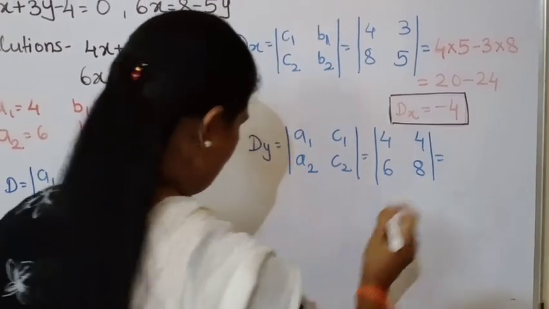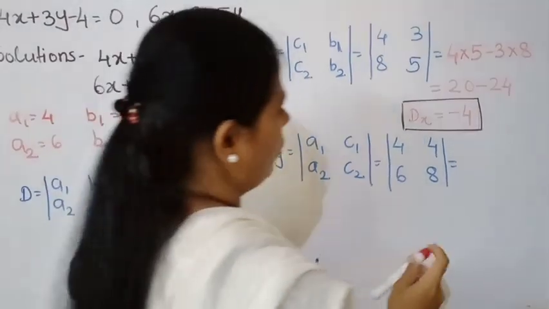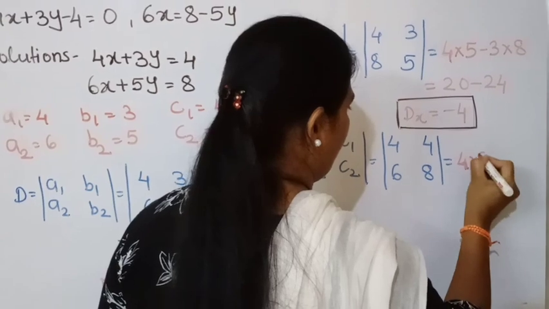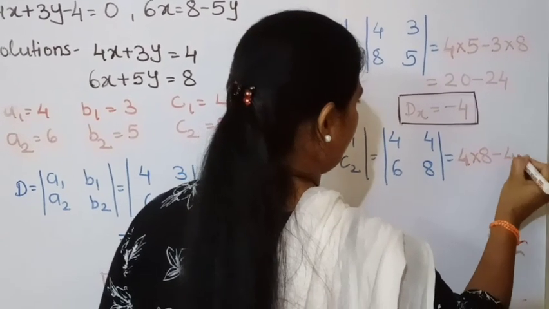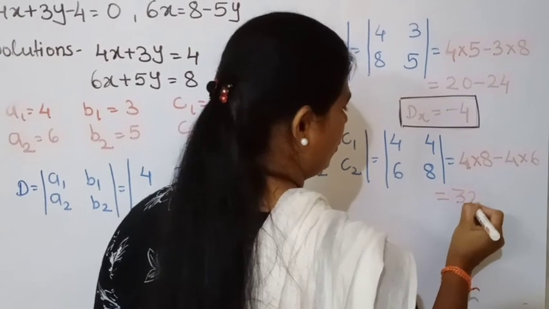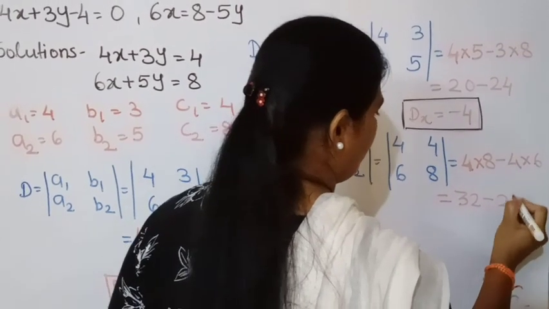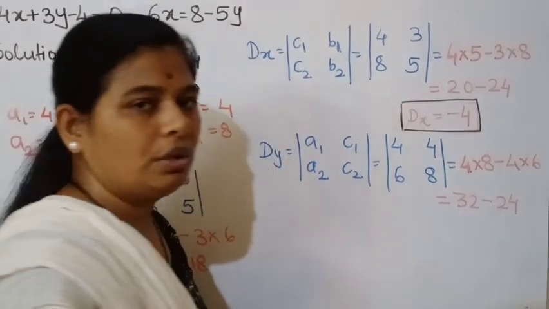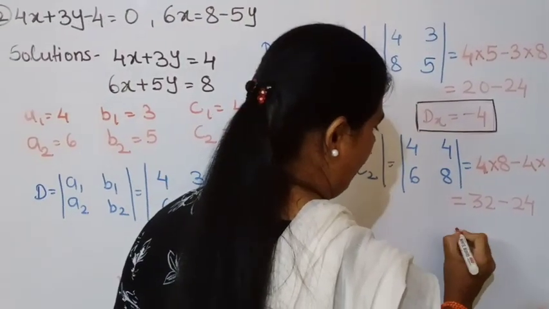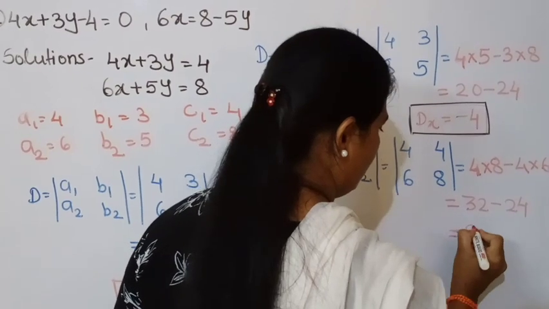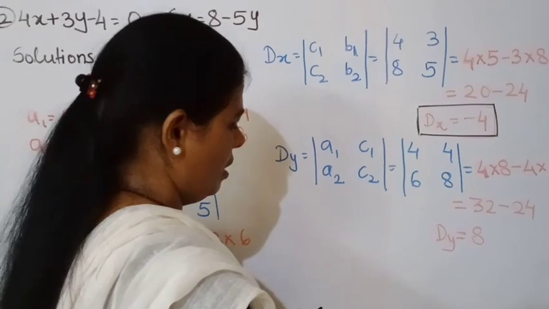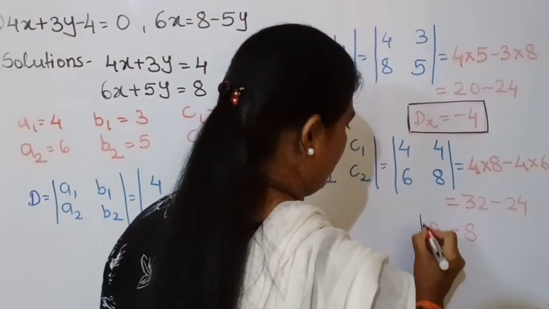Cross multiply: 4 into 8 minus 4 into 6. Now 4 eights are 32 and 4 sixes are 24. So 32 minus 24, what is the answer? That is 8. This is the value of dy.